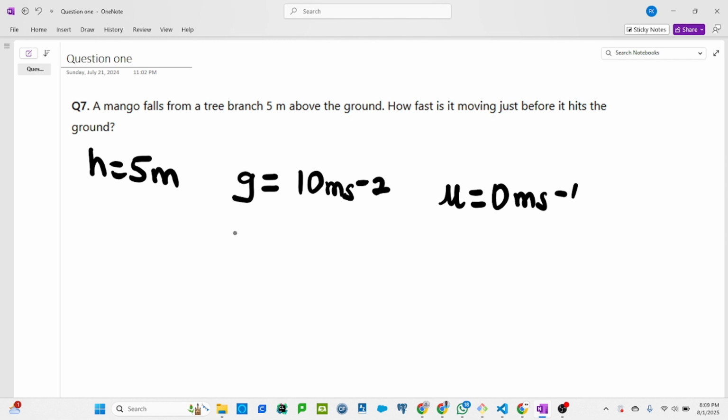A mango falls from a tree branch 5 meters above the ground. How fast is it moving just before it hits the ground? So what are they looking for? Millicent, what are they looking for? The speed. Which of the speeds?